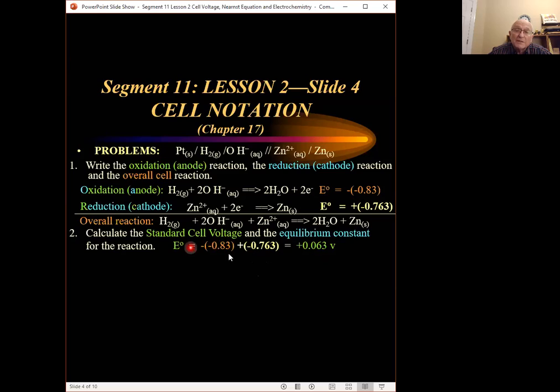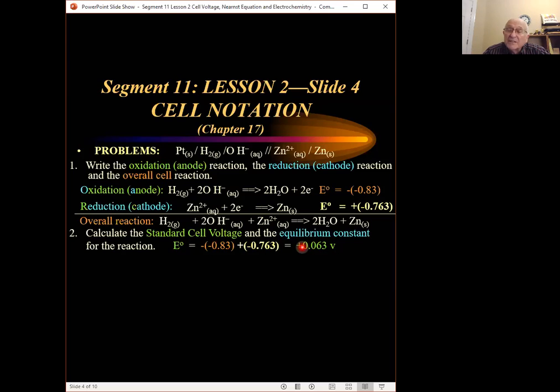It's going to be positive. The second value, 0.763, is negative. When I subtract the two together, the voltage is plus 0.063 volts. Okay, it's not very much voltage, but now what does that tell me about this reaction? That's right. It's spontaneous because the voltage is positive.